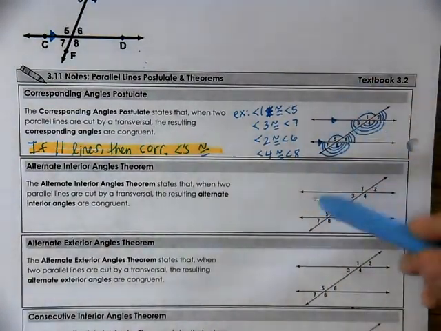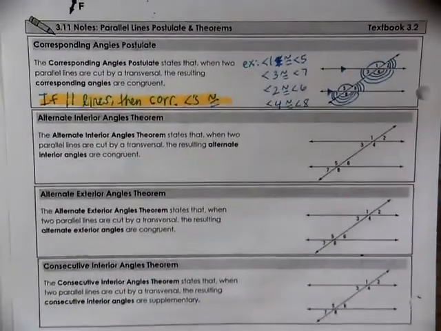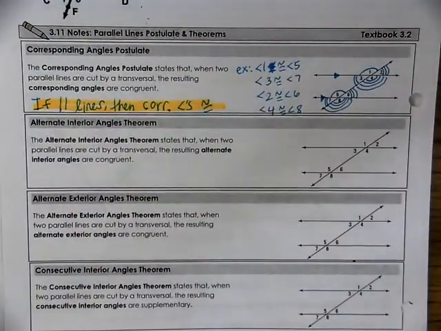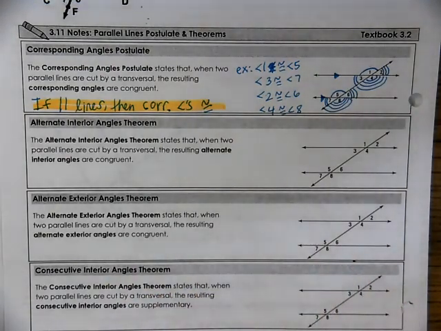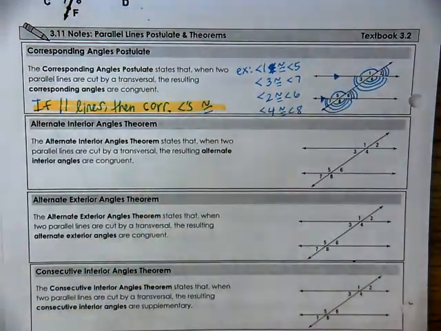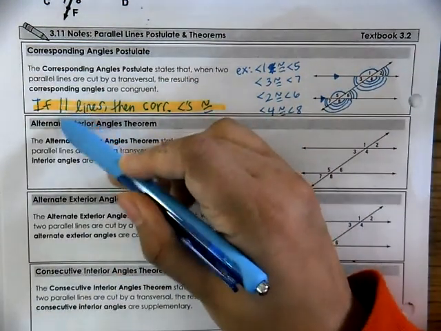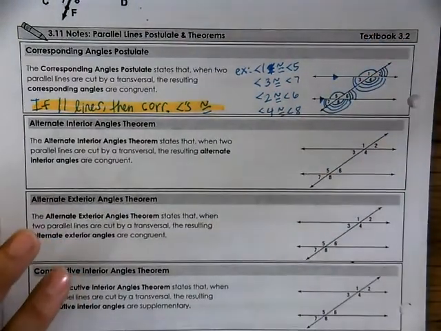Okay, so those are the only 4 pairs of corresponding angles, and they will all be congruent because these lines were parallel. Now yesterday though, when we saw them, they weren't all congruent because the lines weren't parallel. So make sure you actually know that the lines are parallel, whether it's given to you either in words or with the little symbol for parallel like the 2 straight lines. That needs to be provided in order for you to see that the corresponding angles are congruent.